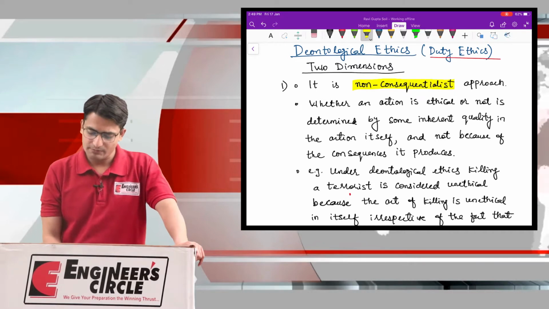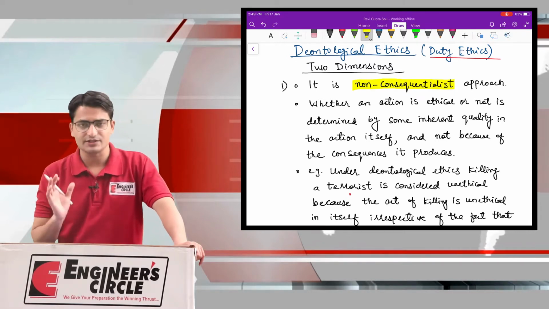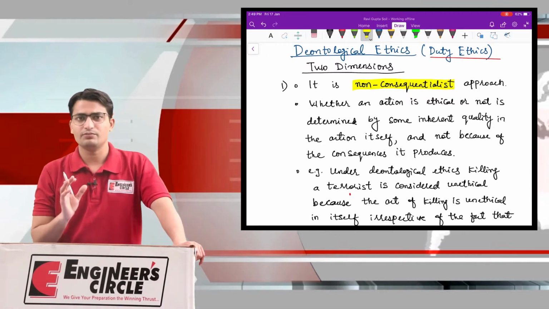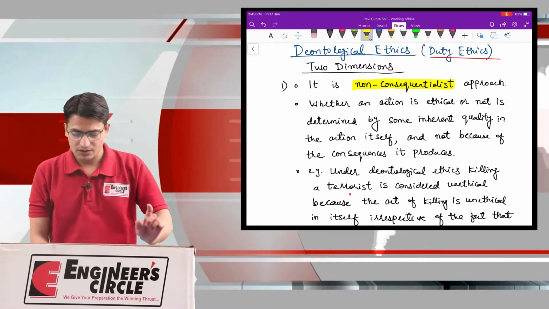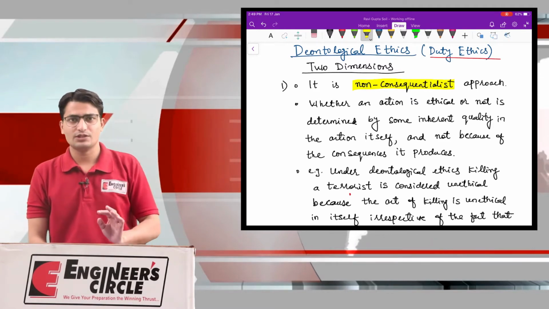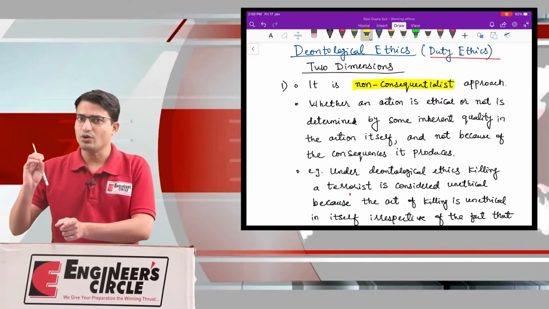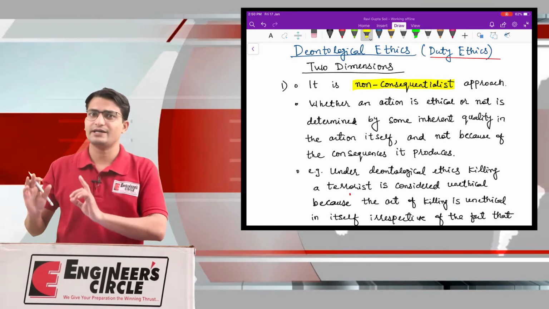Now what it implies, we can directly infer from the word itself. The word here is consequent. Consequences implies the end results. So this is a non-consequentialist approach. It implies that this ethical branch is not concerned with the consequences or the end result of your action.